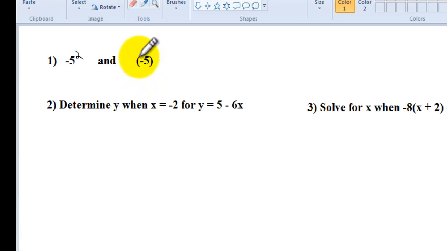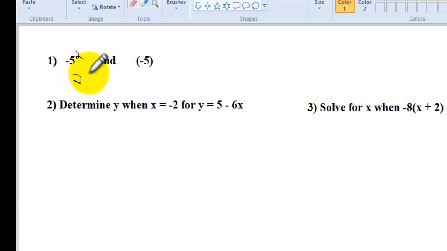Because the negative 5 is not in parentheses, technically the order of operations becomes square the 5 and then make it the opposite number. So when you square the 5, you get 25.